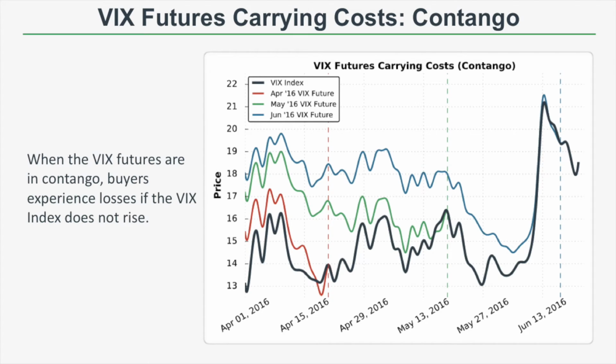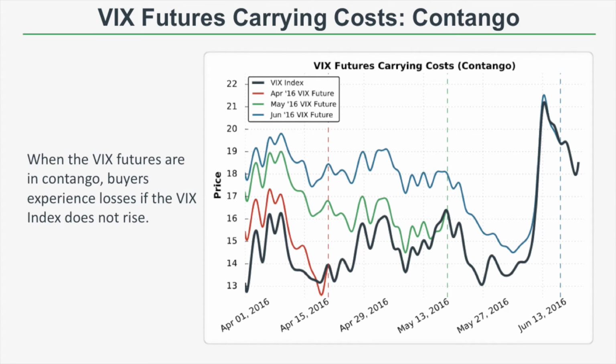Now, in this particular example, the VIX index actually did spike near the end of the period. So if you did buy that June VIX futures contract for 18 in the beginning of the period, you actually did make a point and a half because that VIX futures contract settled to a value around 19 and a half in June.